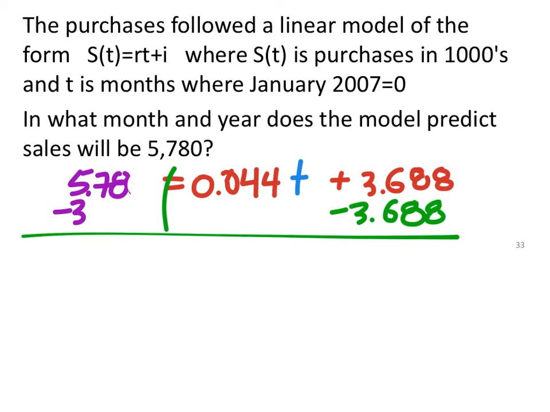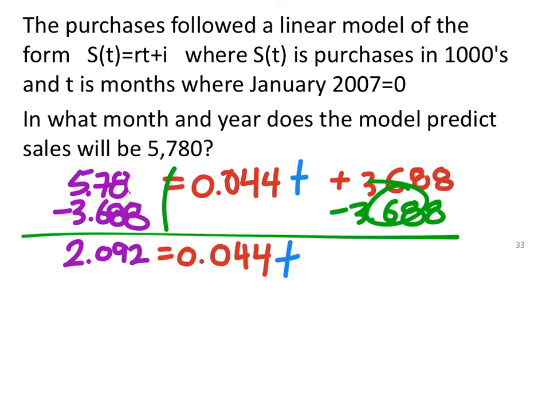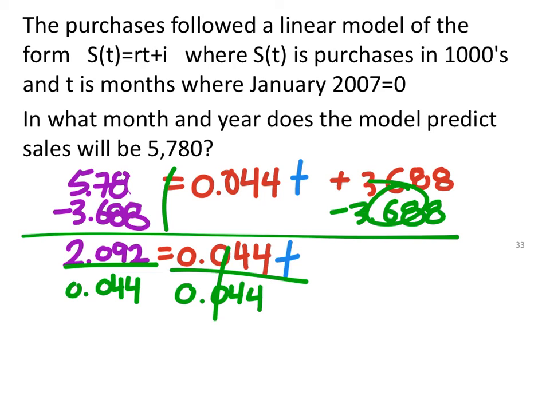So now subtract 3.688, and let's see what that comes out as. Yeah, so we subtracted that, and we get 2.092 equals 0.044t. And then, of course, the last thing we'd want to do is divide both sides by 0.044 to make that a phantom 1 there. But yeah, if you do it to one side, you've got to do both sides.